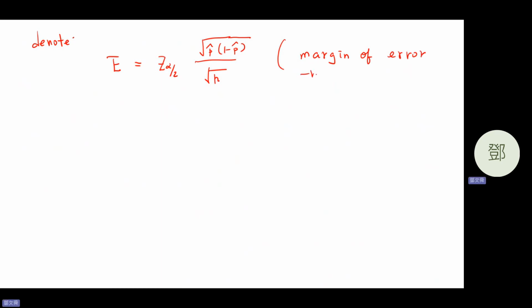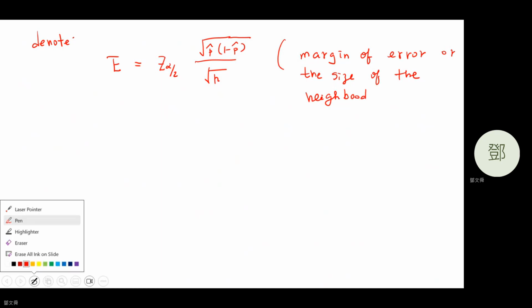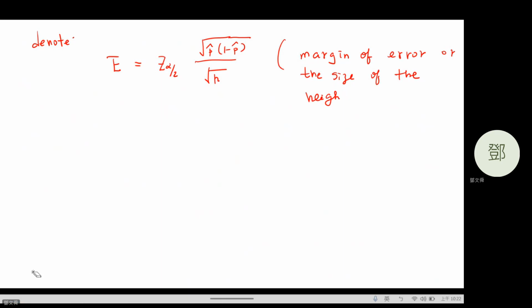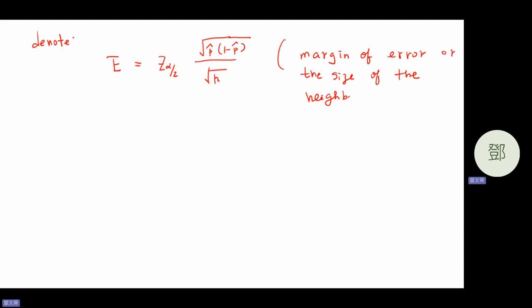So this is p hat. This is its neighborhood.